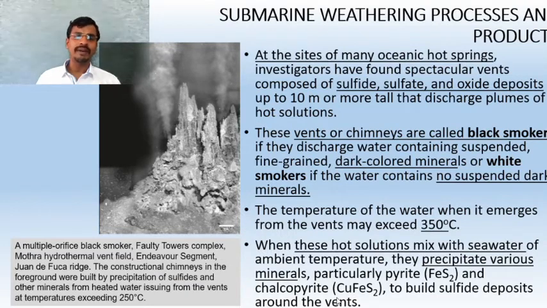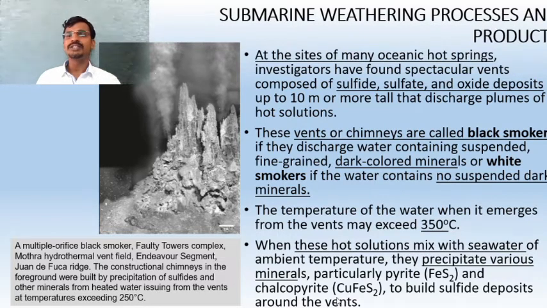Mothra hydrothermal vent field. So at the sites of many oceanic hot springs, investigators have found spectacular vents composed of sulfide, sulfate and oxide deposits up to 10 meters or more tall, and the discharge plumes of hot solution as we have mentioned previously.